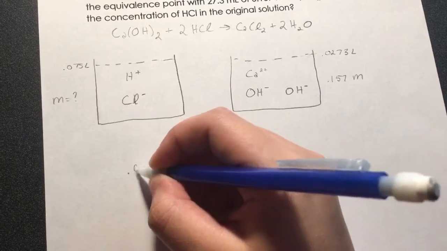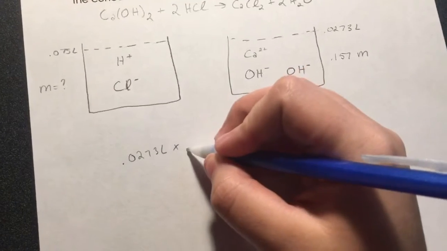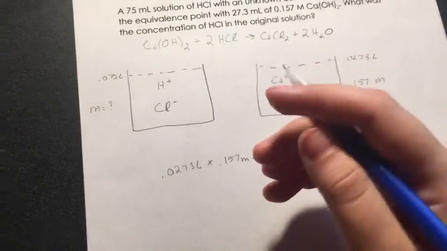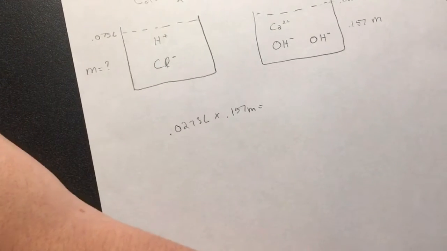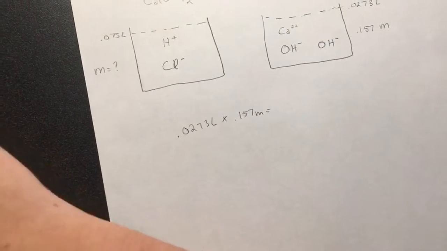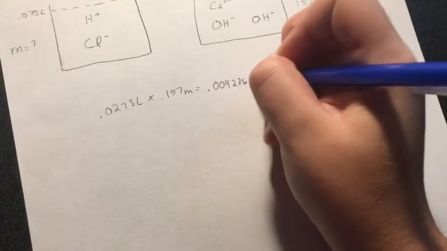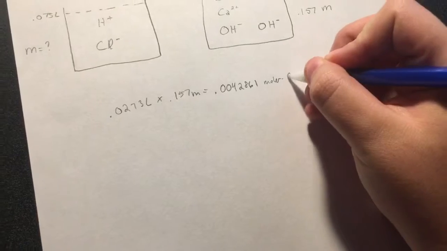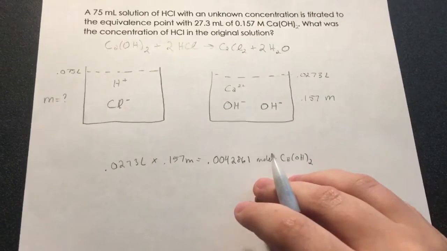So we can do 0.0273 liters times 0.157 molarity to give us the moles of Ca(OH)2, which if you do right quick, what you get is 0.004281 moles of Ca(OH)2.